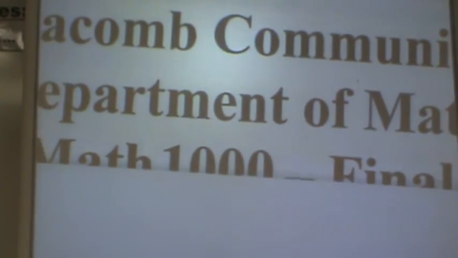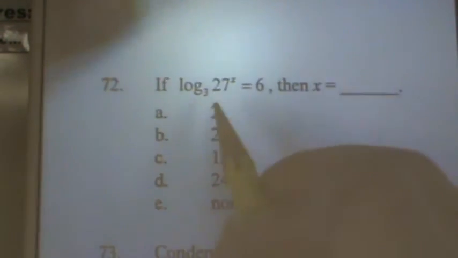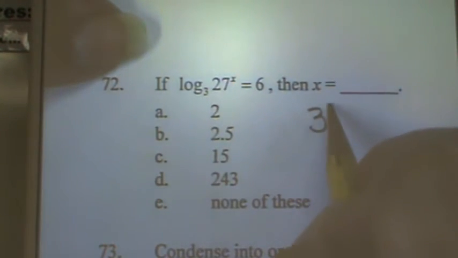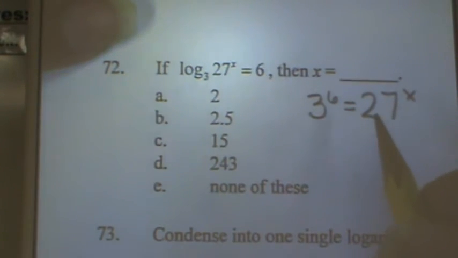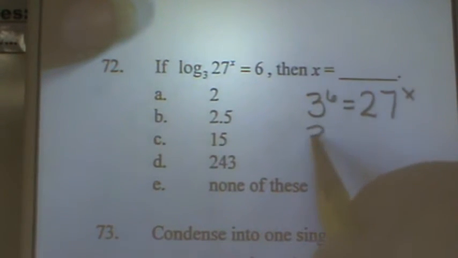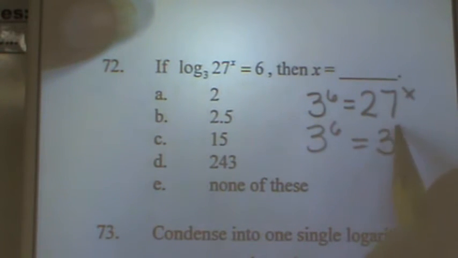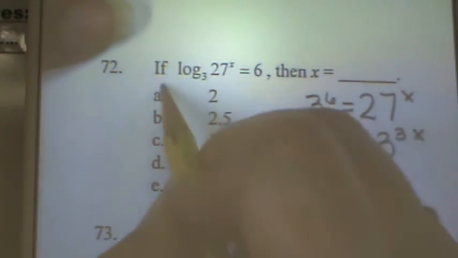To solve 72, you're going to rewrite this as 3 to the 6th power is equal to 27 to the x power. I want to get this in base 3. 3 to the 3rd power, 3x. So you're going to set these equal to each other, and you've got 3x equals 6, so x is 2.